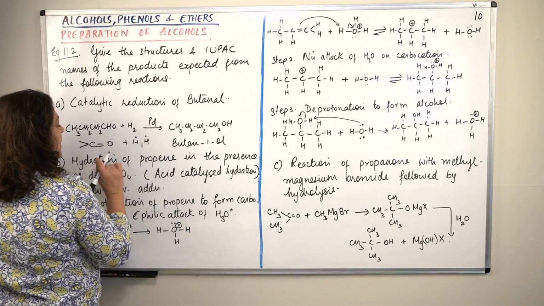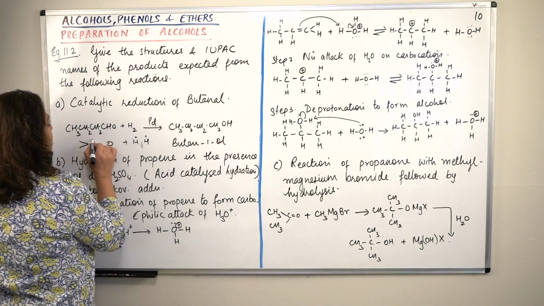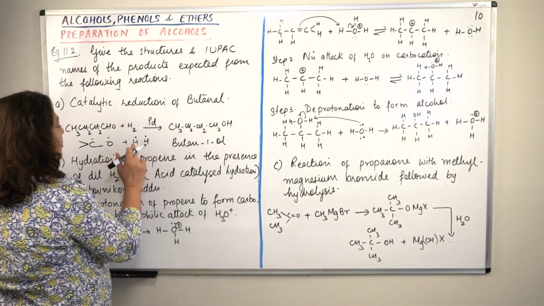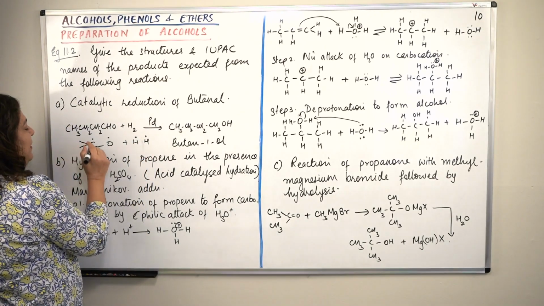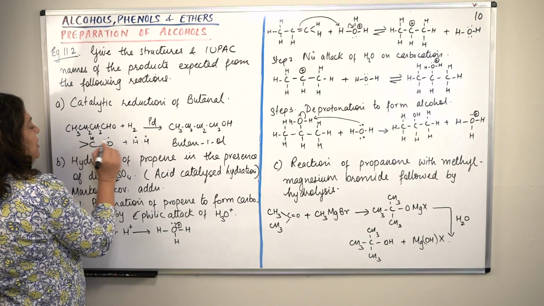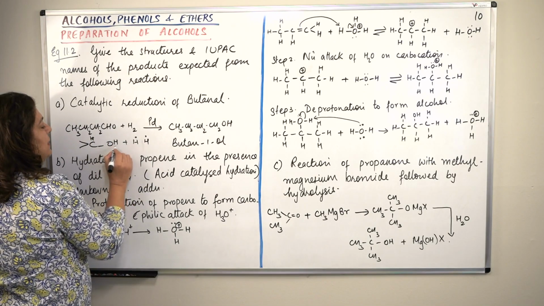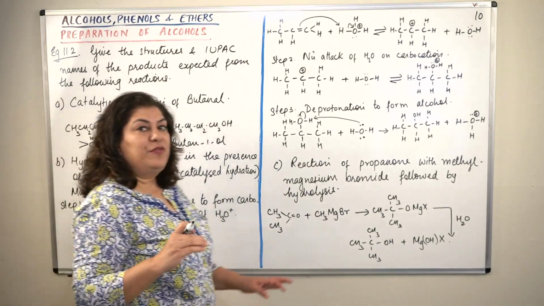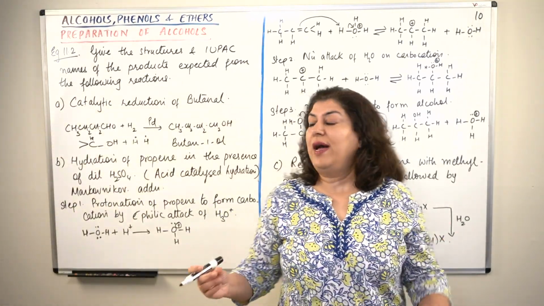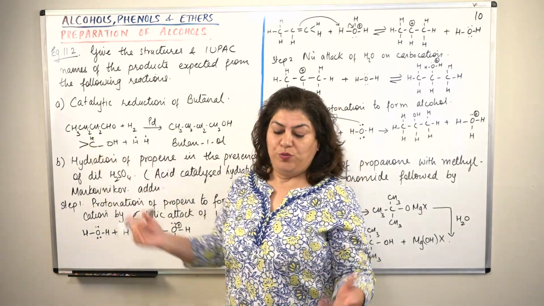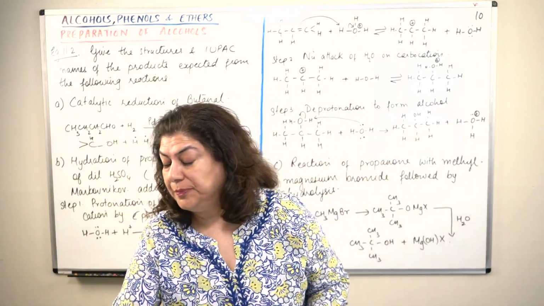One hydrogen attaches itself to the carbon, giving you an H here, and one hydrogen attaches itself to the oxygen, making it an alcohol. Instead of CHO, you now have CH2OH.